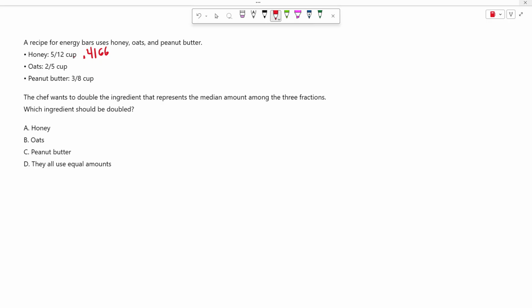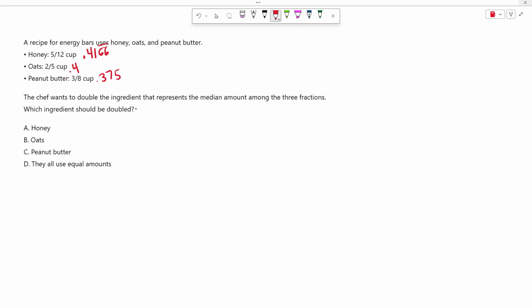A lot of people, especially with the standard, say you have to put them into fractions with the same denominator and figure it out from there. But you can figure this out with the decimals. I know that oats is 0.4, from 2 divided by 5. 3/8 is 0.375, and you can just plug 3 divided by 8 into your calculator to get that answer.